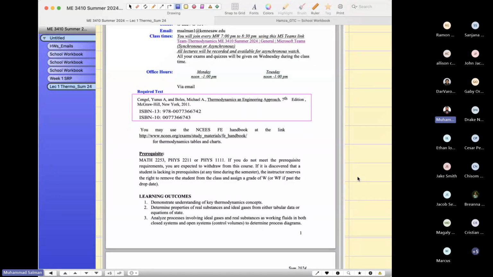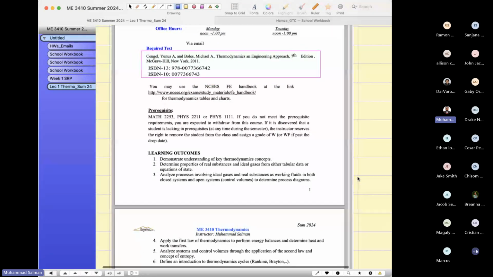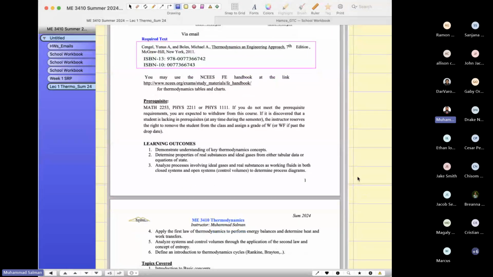This is up to you, but it is recommended to buy this book. You may be able to find it quite cheap, and it will be useful for your future courses as well, if you want to do master's level work or a job related to HVAC or something thermo related.